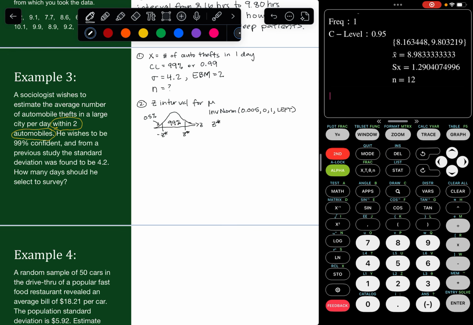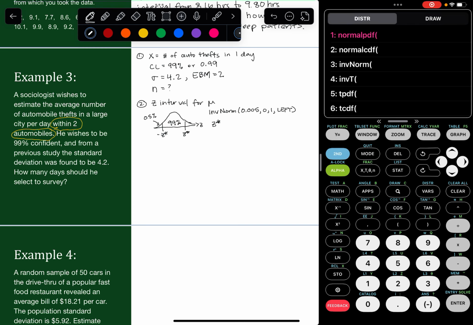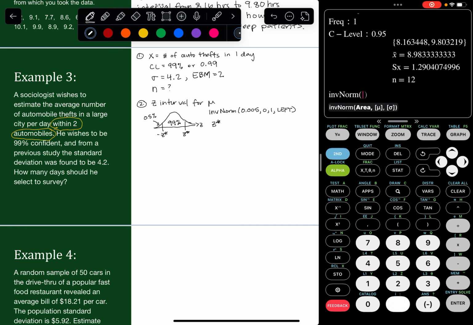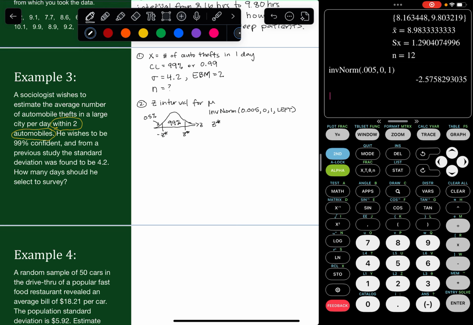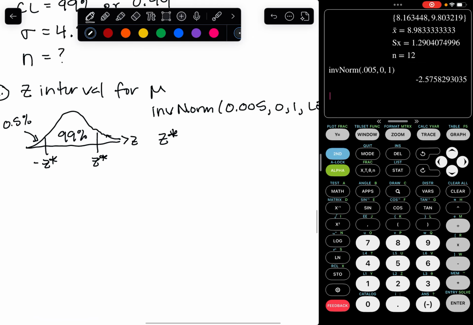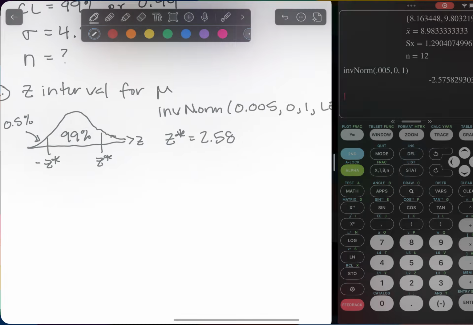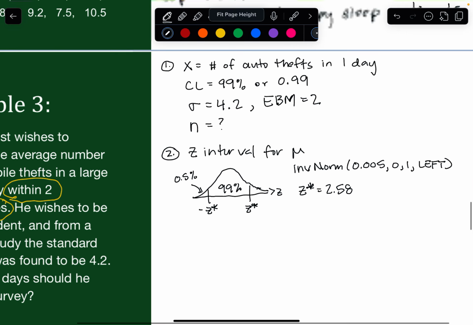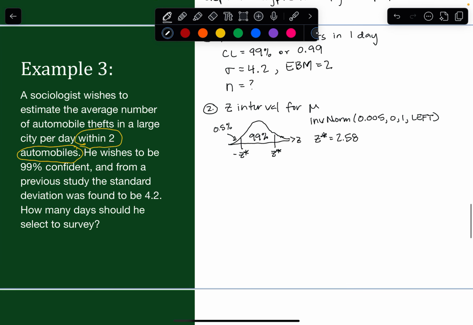So second vars, inverse norm, 0.005, 0, 1, and we get negative 2.575, so negative 2.58 rounded, so 2.58 for our critical value. And then for step 3, I'm not using the whole interval, I'm just using the margin of error part.